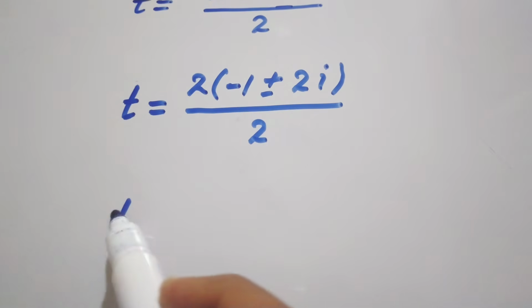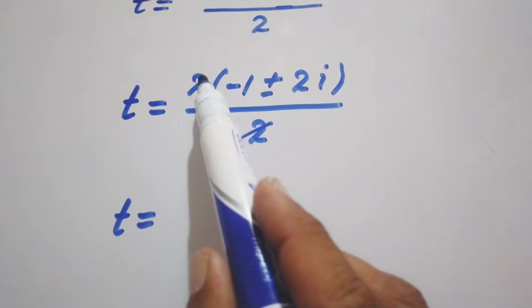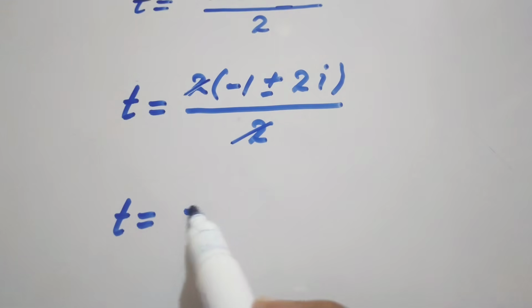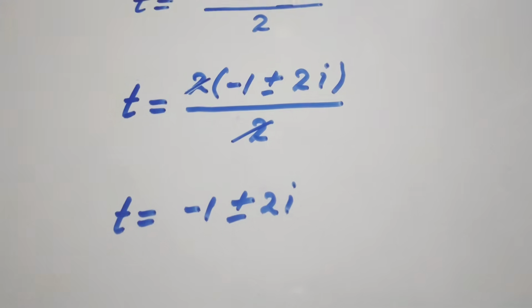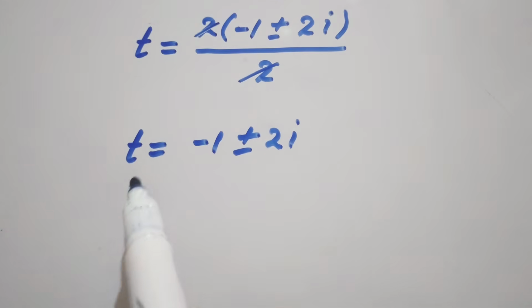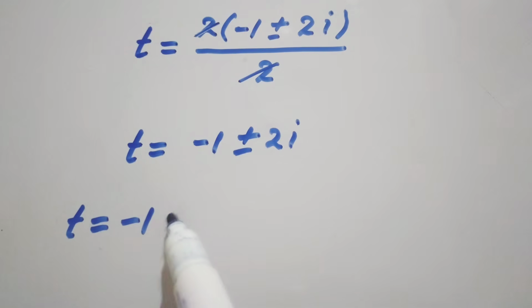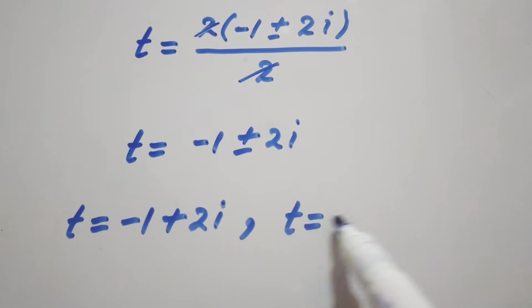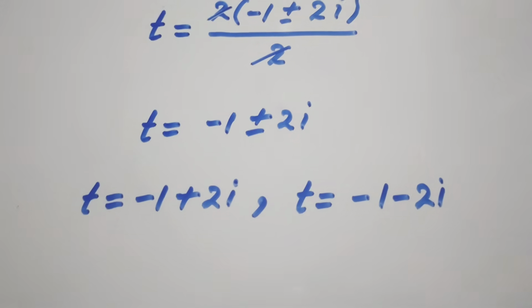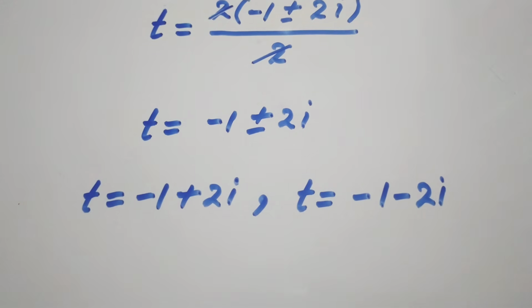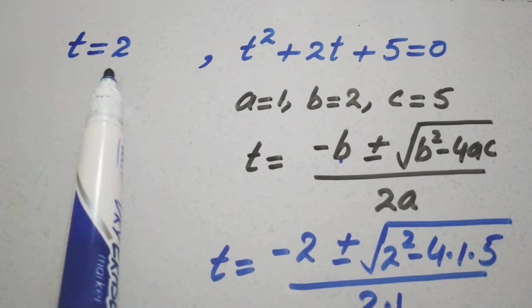And now this 2 cancels with this 2, and we will be left with minus 1 plus minus 2i. So we have two values of t from here: t is equal to minus 1 plus 2i, and t is equal to minus 1 minus 2i. And first we have found that t is equal to 2.